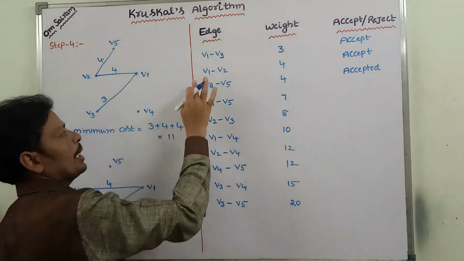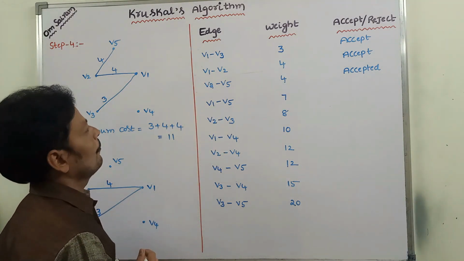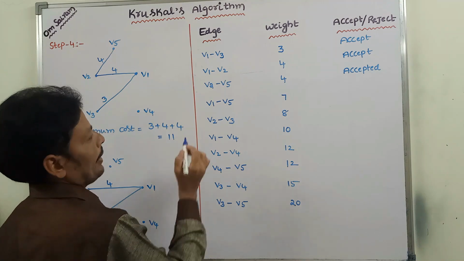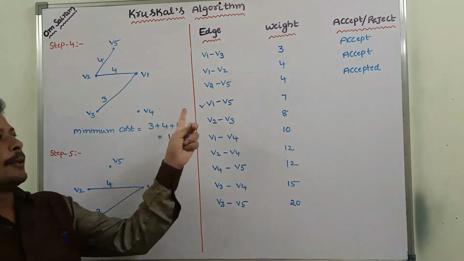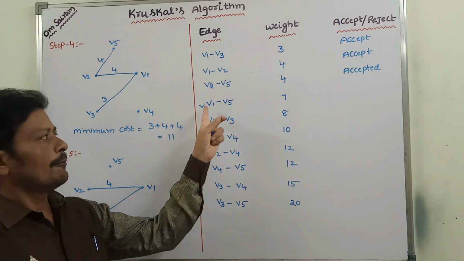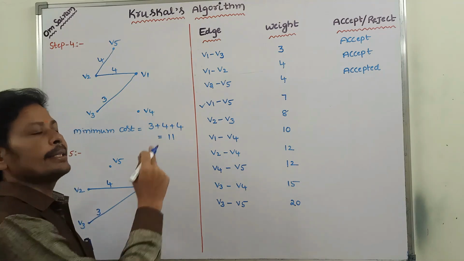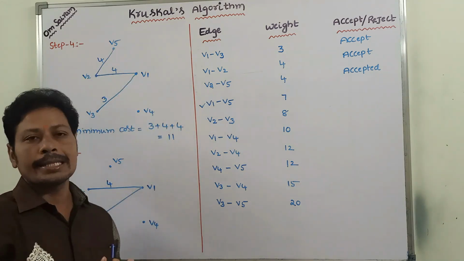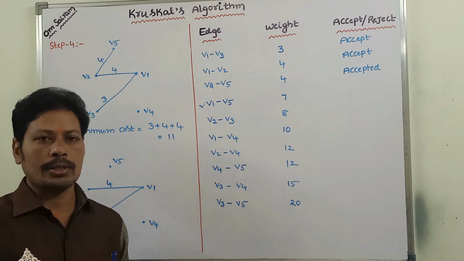Next the minimum weight edge is V1 to V5. Its weight is 7. After adding this edge into the existing spanning tree, does it form a cycle or not?